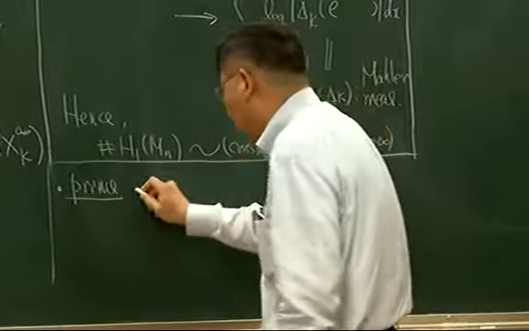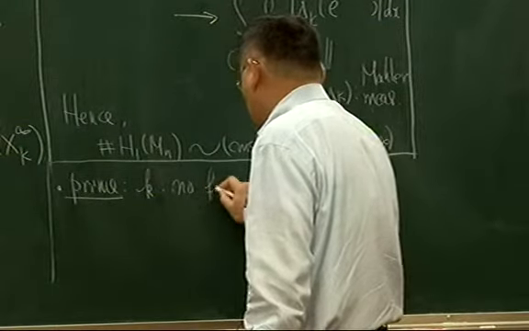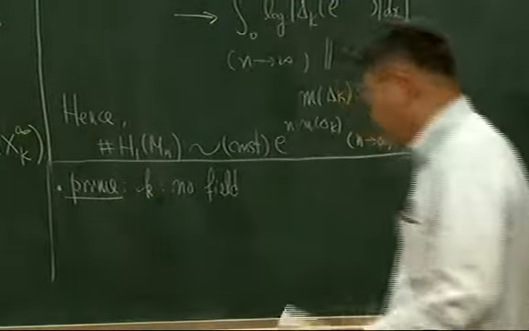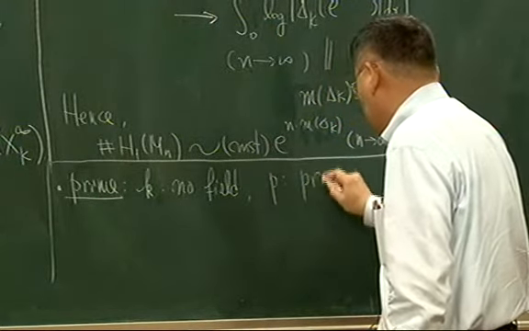So K is a number field, an algebraic number field of finite degree over the rationals, and we fix p, a prime number.